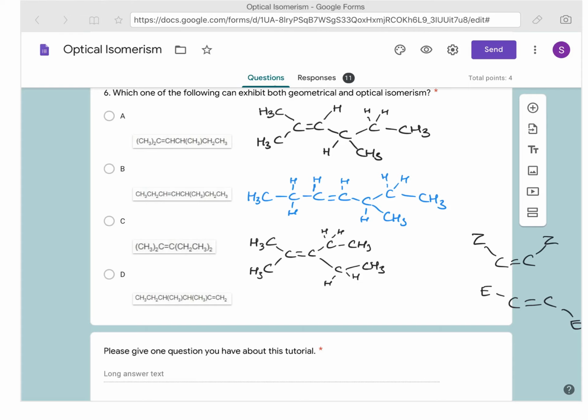Now, one of the dead simple rules for figuring out if something's going to exhibit geometrical isomerism: if you've got something with a double bond and you've got the same thing here and here, then that will not exhibit geometrical isomerism, because it doesn't matter if you flip those round, you still won't end up with two different molecules.